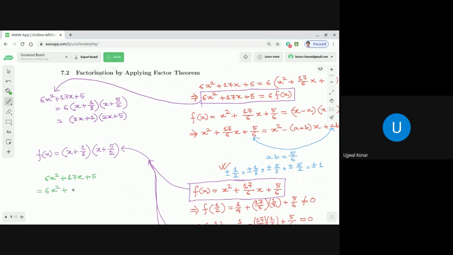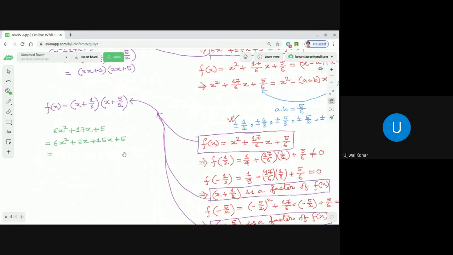That is equal to 2x + 15x + 5, because 17 has been expressed as 2 and 15, since 2 plus 15 is 17 and 2 into 15 is 30, which is equal to 6 into 5.